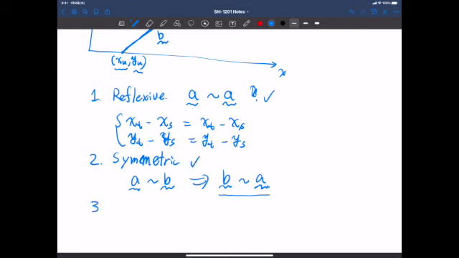Okay. And lastly, the last thing we need to show is transitivity. So this relation should be transitive.